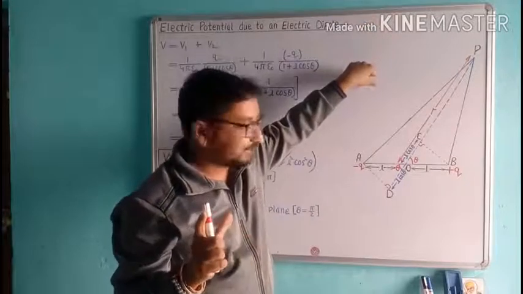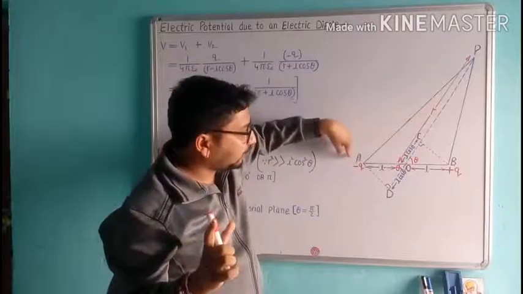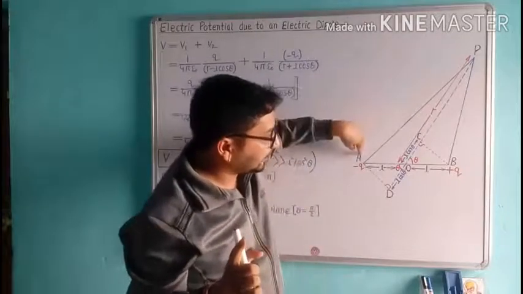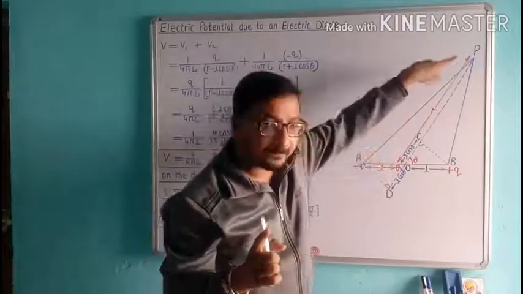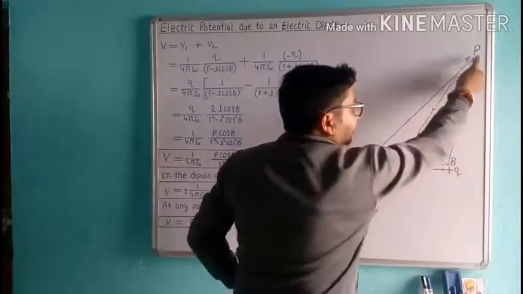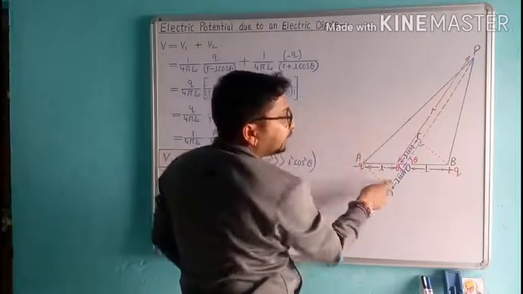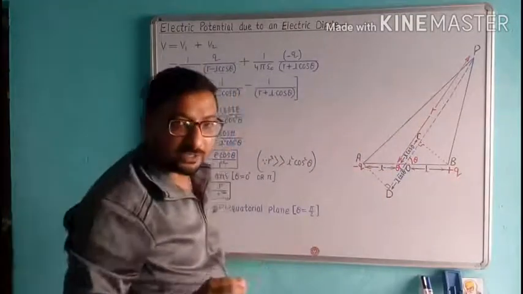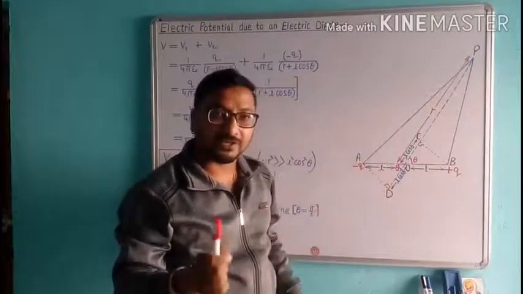And similarly, the length of AP is equal to the length of PD. So BP is equal to PC and AP is equal to PD, since the length of the electric dipole is very small.